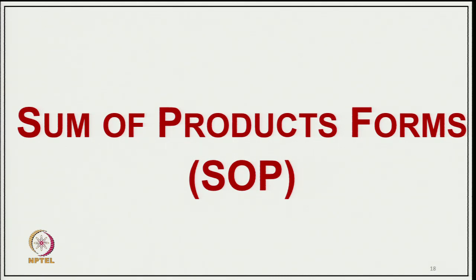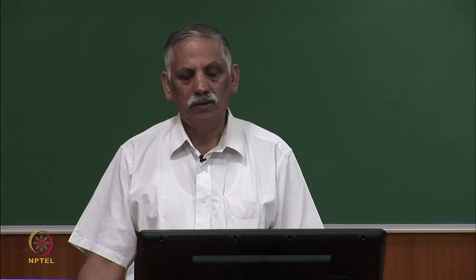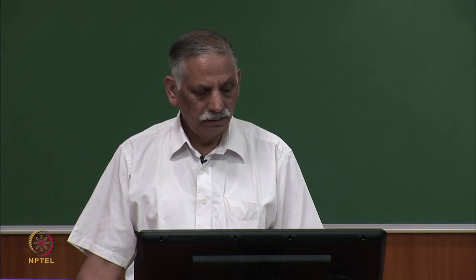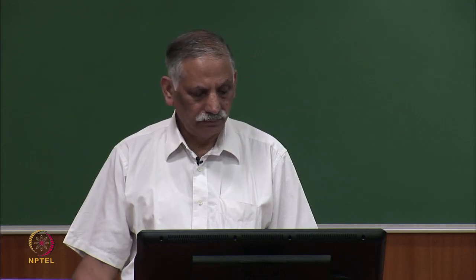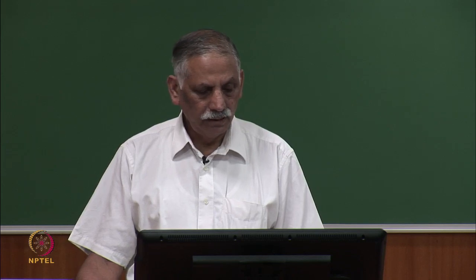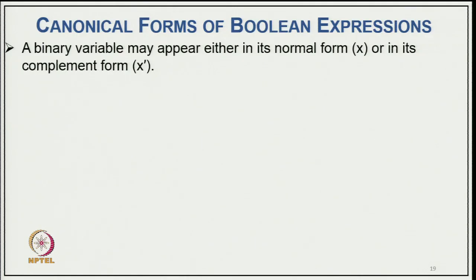Now, we would like to talk about how we can design these digital logic circuits with the help of some concepts. One concept is the sum of products, which you can call a canonical form of Boolean expression. A binary variable may appear either in its normal form or its complementary form.